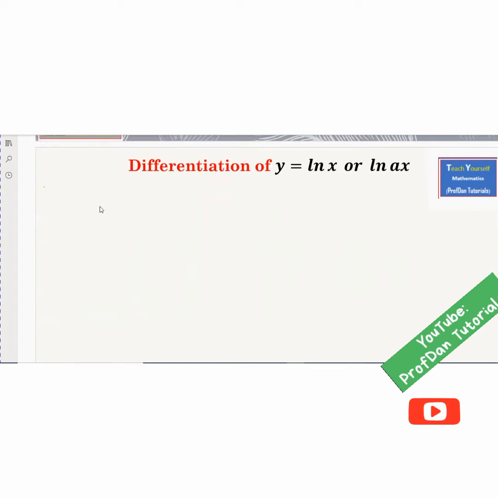Let's say you have y to be a natural logarithm function of a particular function of x. Then you should note that the differentiation of this, dy/dx, is simply: you see the function here, the function of x, so you differentiate it.